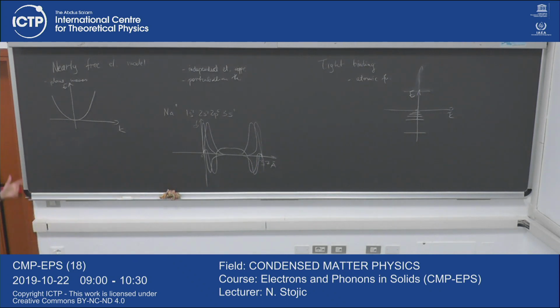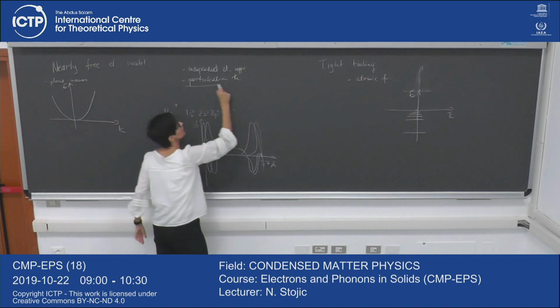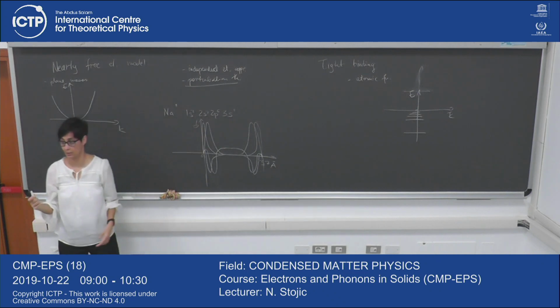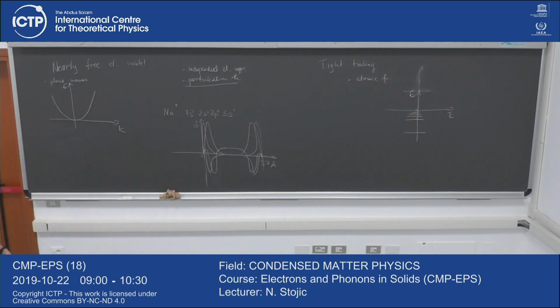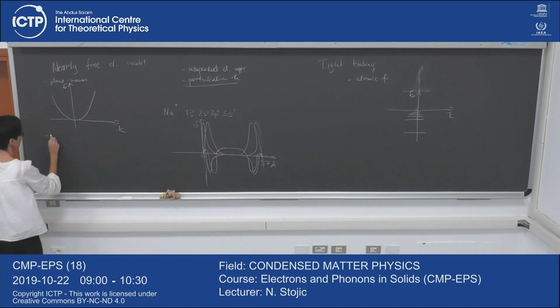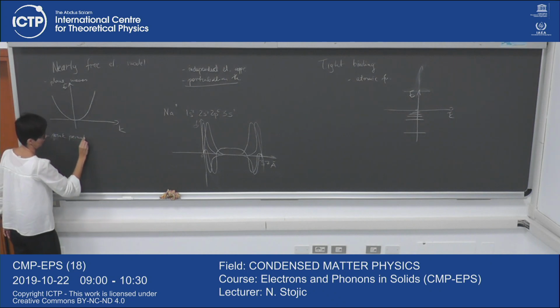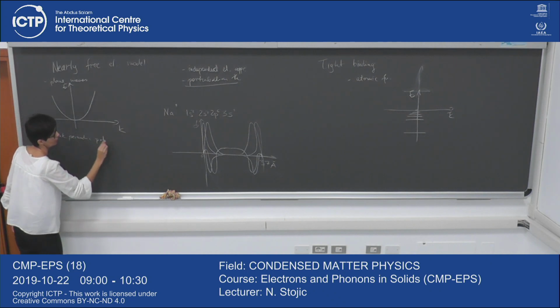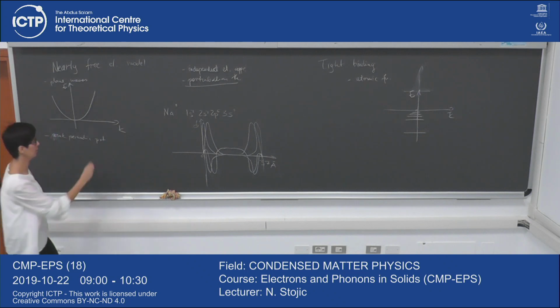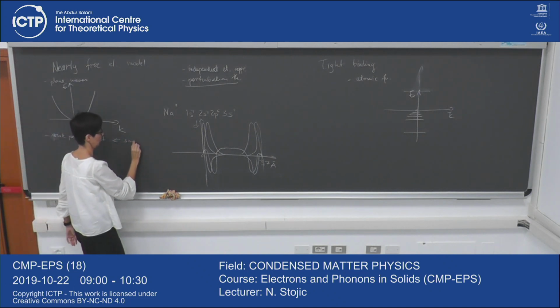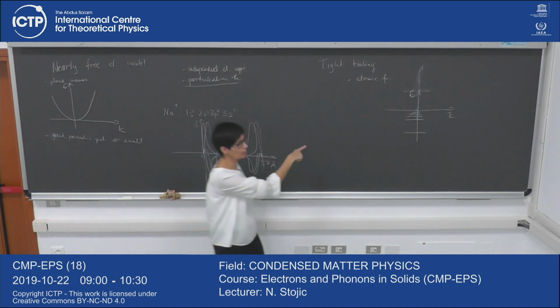So it can be taken as the perturbation potential. So the condition is that the weak periodic potential is very small, no? Small. What is the condition here to apply?